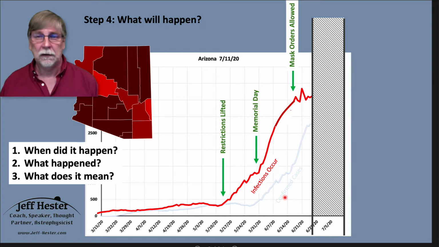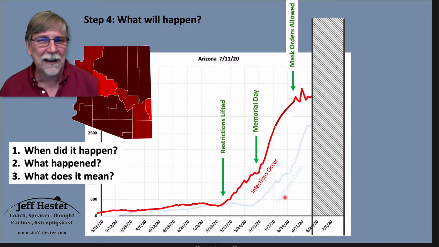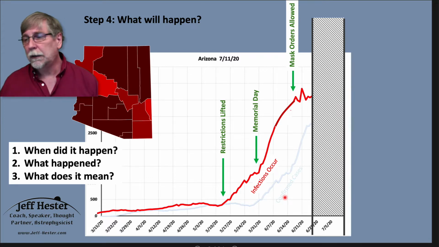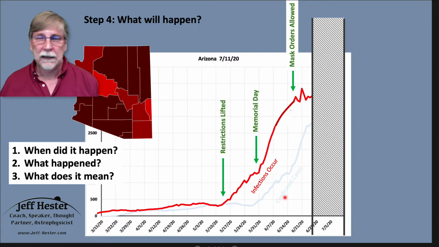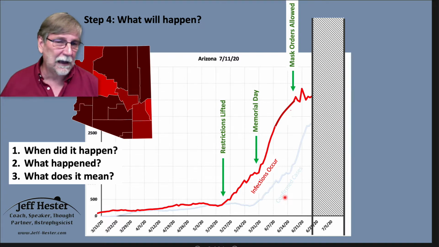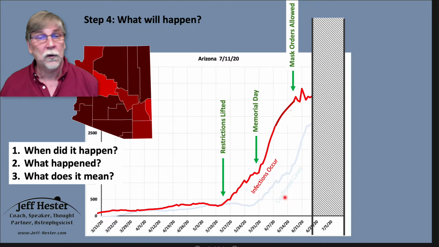That's why it would be really nice if we had very widespread testing of people who were not symptomatic, who weren't coming in and saying, I need to be tested because I'm sick. If we had that widespread testing, we might be able to say something about what's happening today. But given the situation that we're currently in, all we can do is say, I know what things were like 2.5 weeks ago.